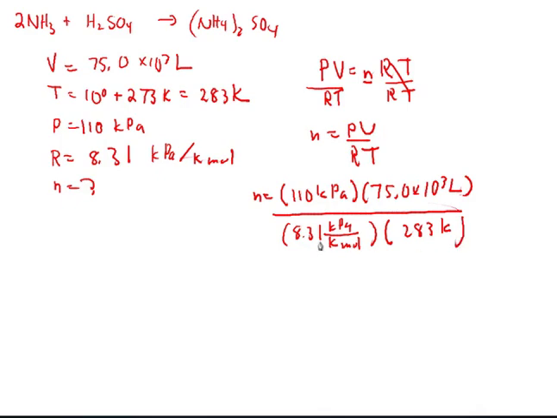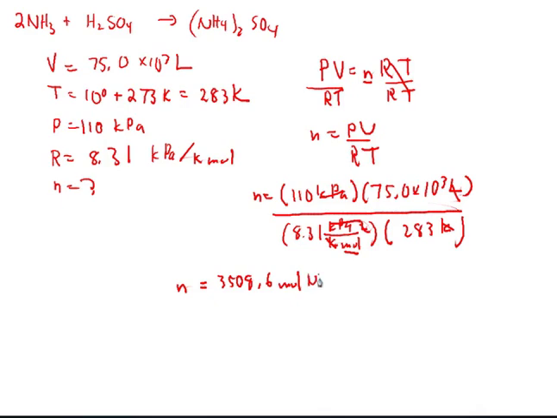When we look at the units, the Kelvin cancels out, the kilopascal cancels out, and the liter cancels out, and we're left with moles in the numerator. When we plug all the numbers in, it gives us 3,508.6 moles, and that is the moles of ammonia.